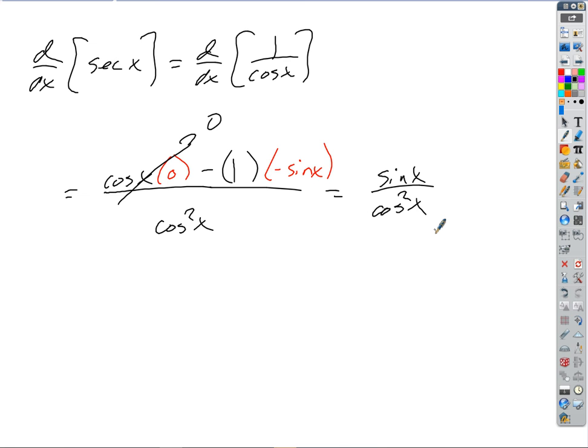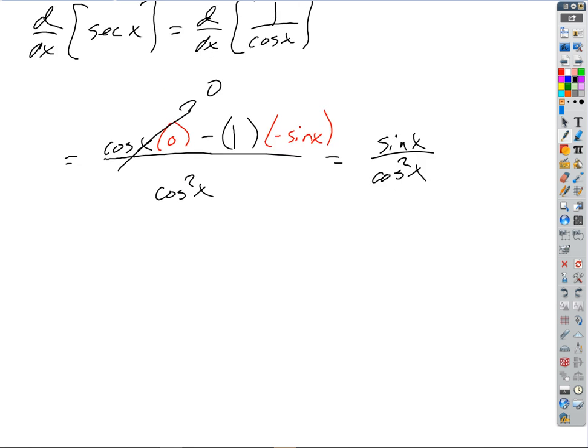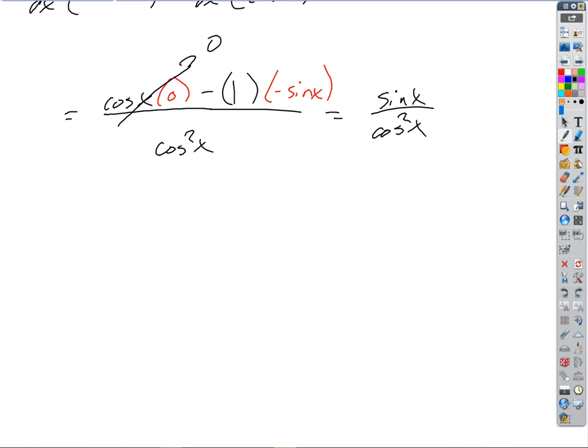Can we write that as a product instead of a quotient? Can we split that up in a way? We could break it up into sine over cosine, and then 1 over cosine. And then what am I left with?